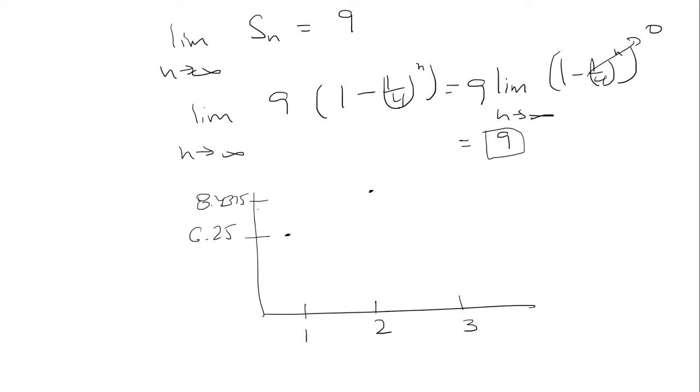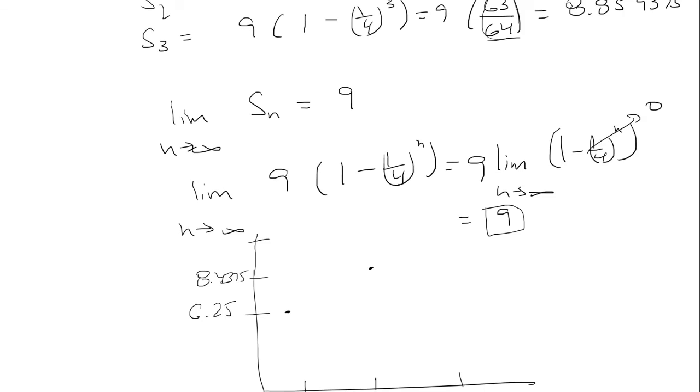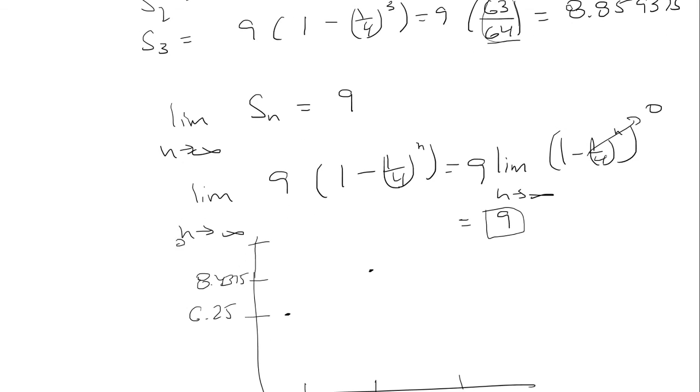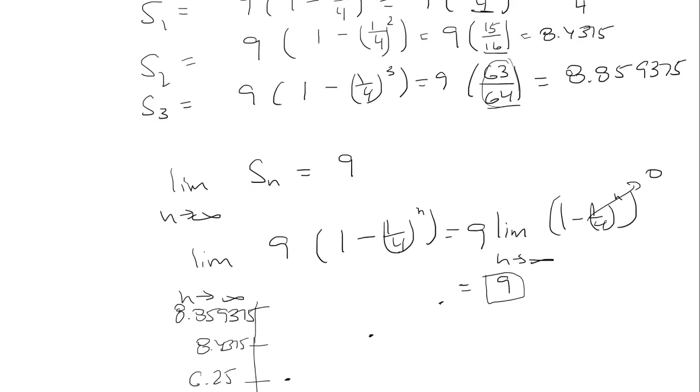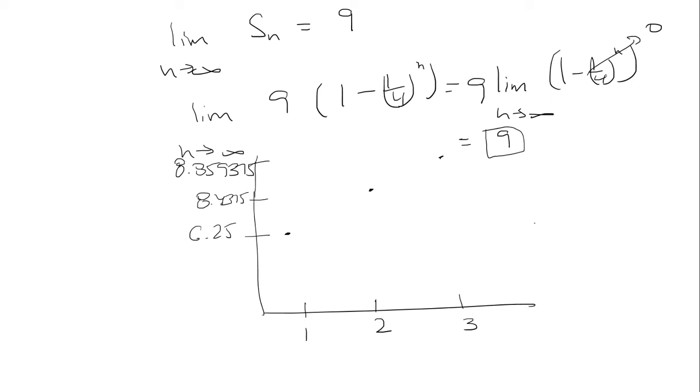When n was 3, we got 8.859375. As you graph this, you'll get closer and closer to 9. You can think of 9 as your limit. So 4 will be closer, etc.